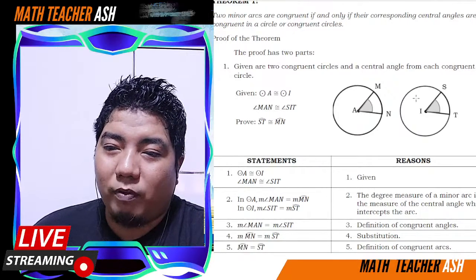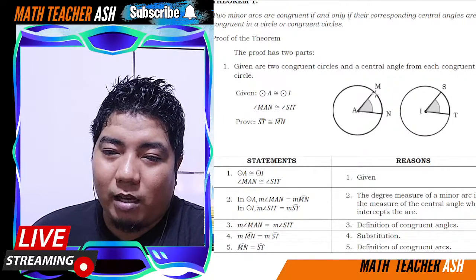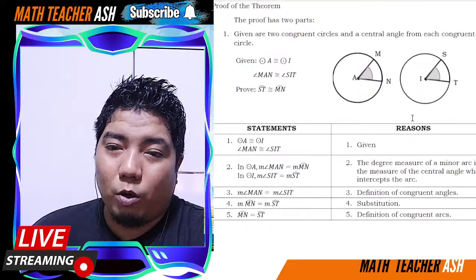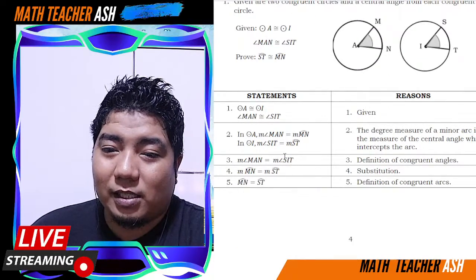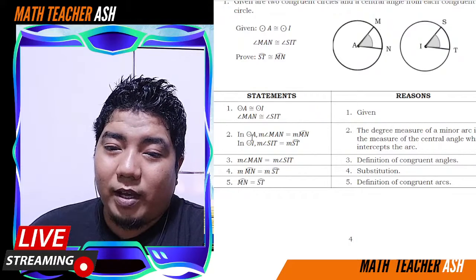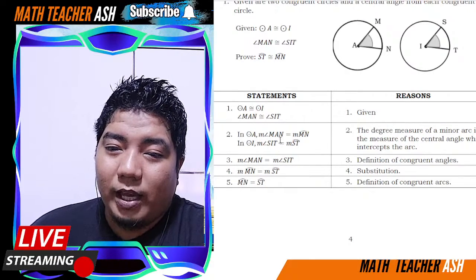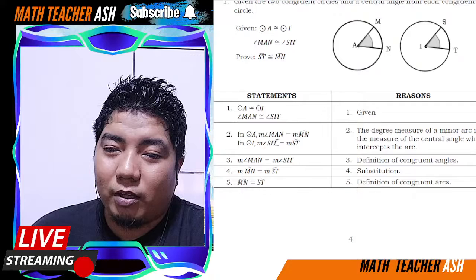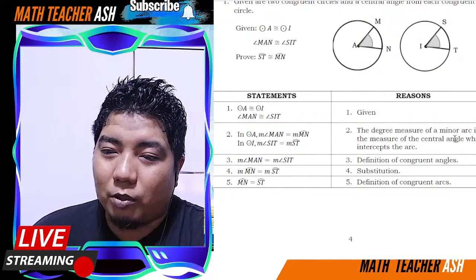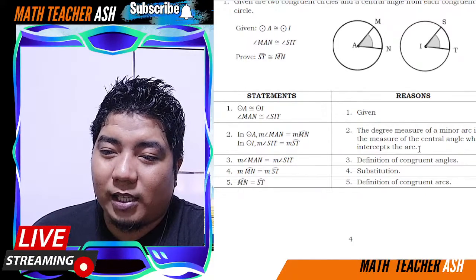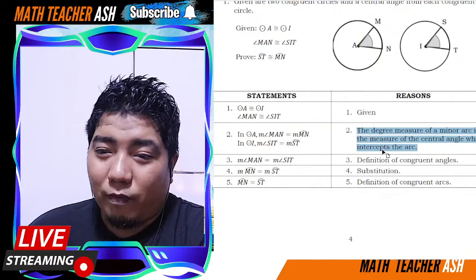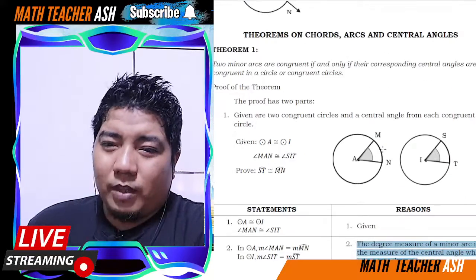So let's prove that the arc ST and the arc MN are also congruent. So first is you write the given.